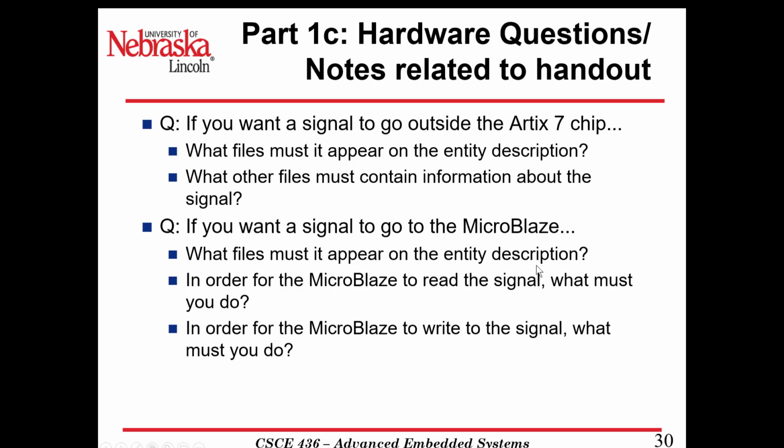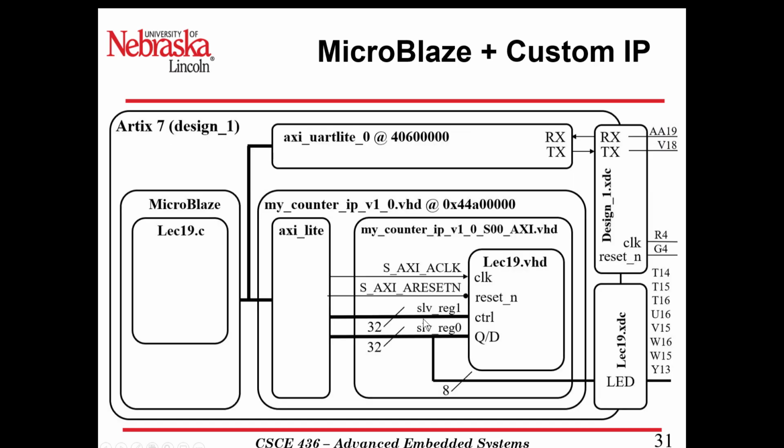If you want it to go to the MicroBlaze, then that's actually deprecated for the first one. But we're just basically going to connect them to the read select and the slave bus.